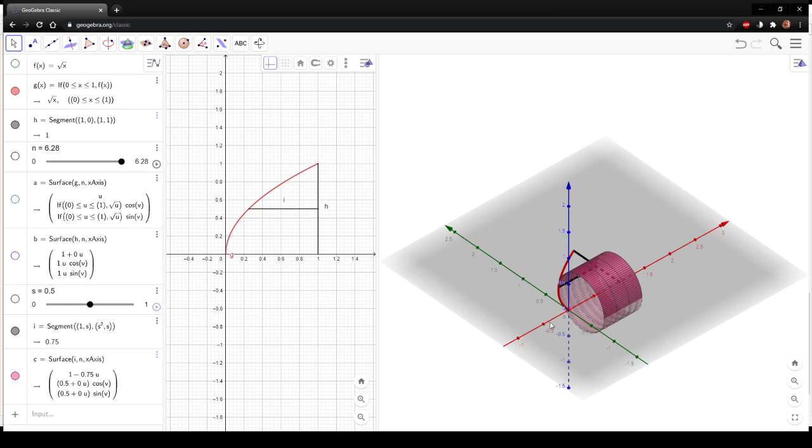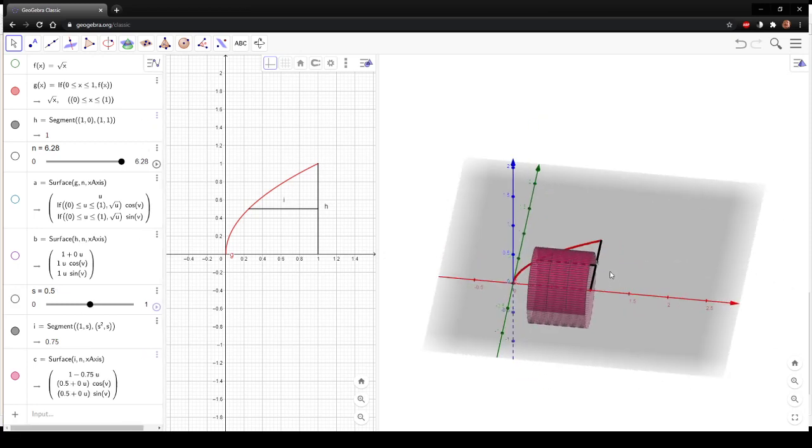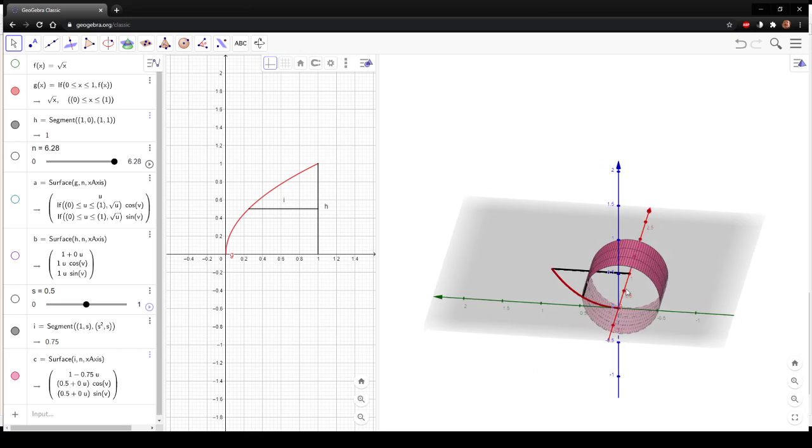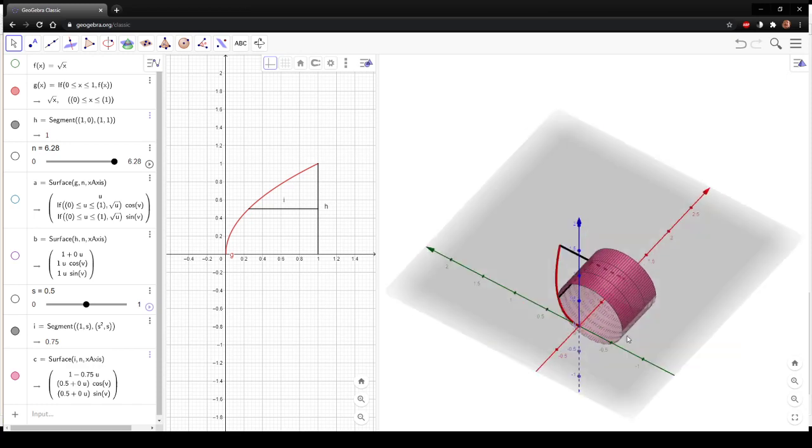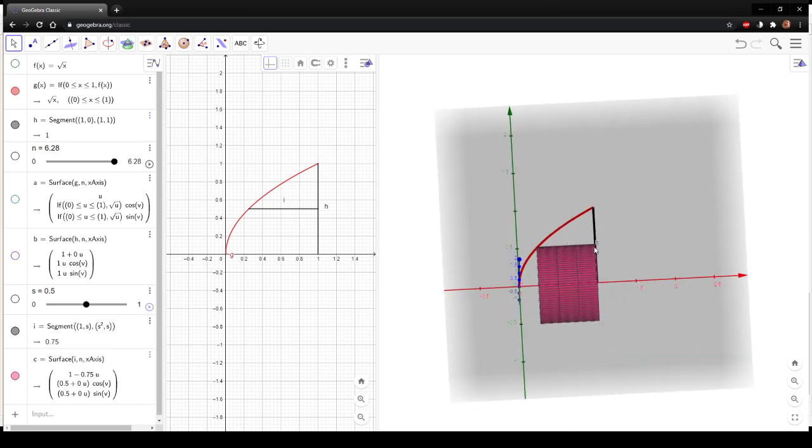So we need the radius and the height of the shells. So what is the radius? The radius is the distance from the x-axis to the slice. So in other words, it's y. It's literally y. So little r is equal to y. As for the height, the height of the shell is the length of a slice. So what is the length of a slice? Well, it's going to be the difference between these two curves.